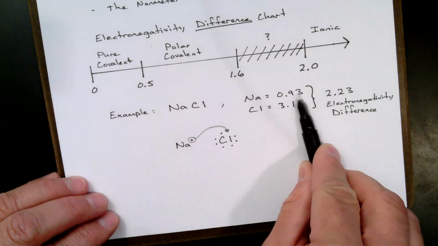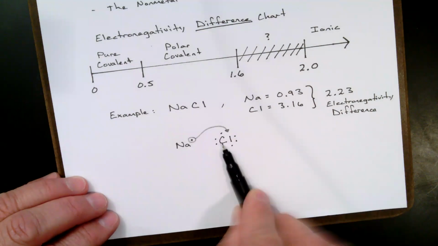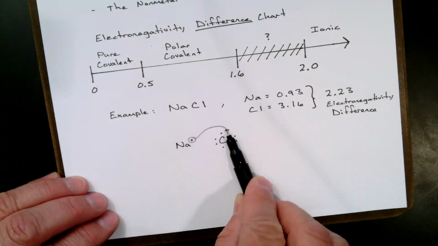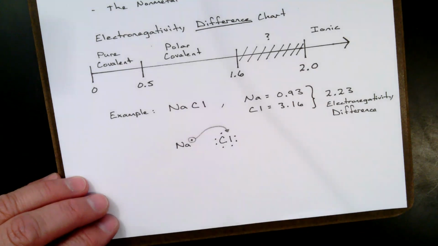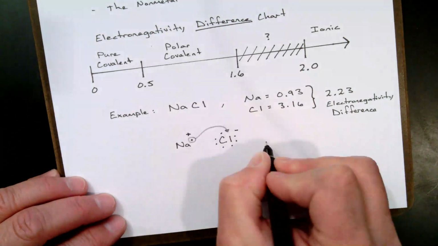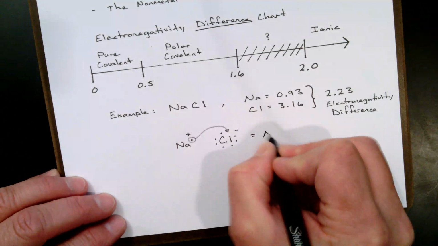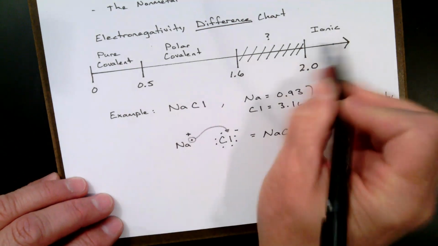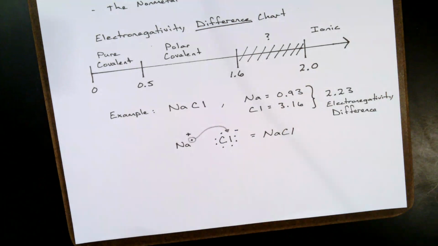Because Na has a low attraction for electrons. Cl has a strong attraction for electrons. So the electron transfers over. We end up with an Na plus and a Cl minus, which makes the formula NaCl, and it's designated as an ionic compound.